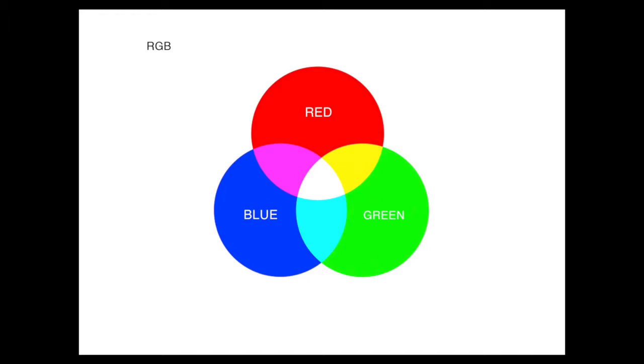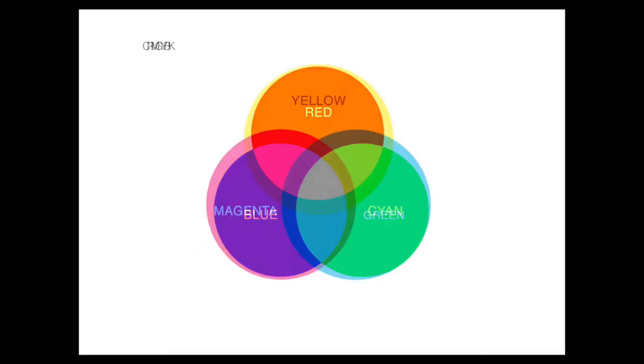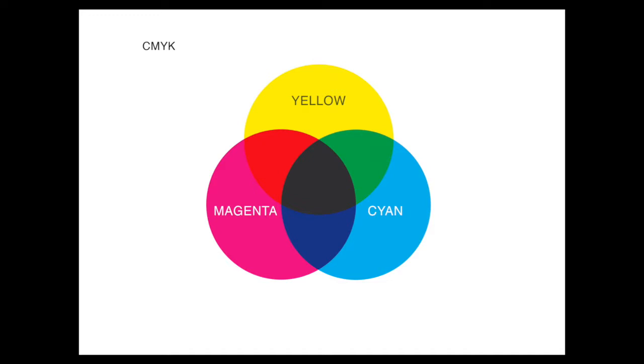Now, the RGB color model works great if you want to make digital illustrations for video games or for television and film, but it doesn't necessarily translate well when you print it. And this is because the color model that is used for printing presses is actually known as CMYK, or cyan, magenta, yellow, and key color.